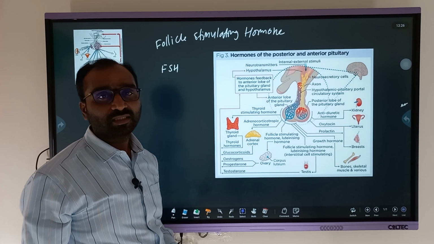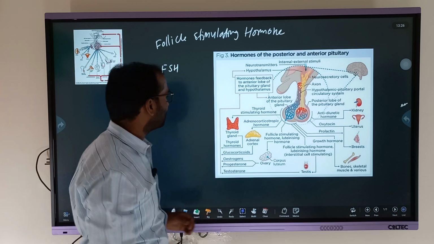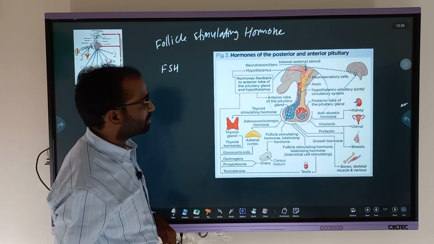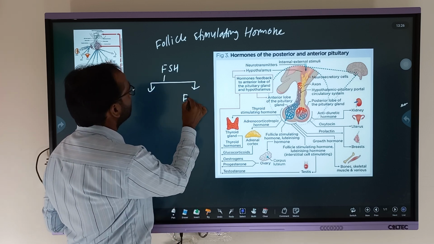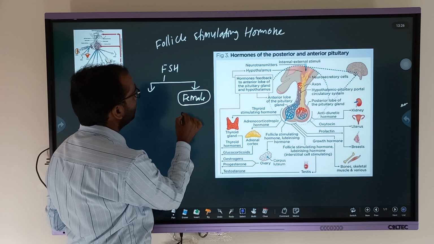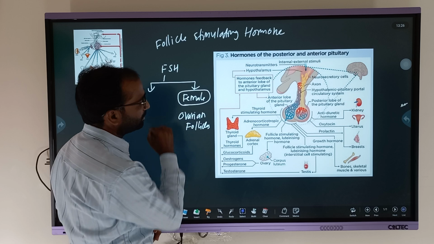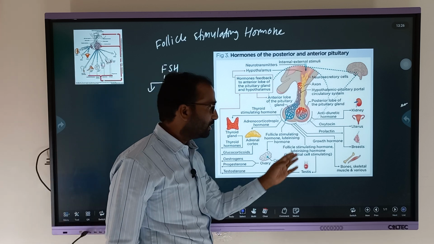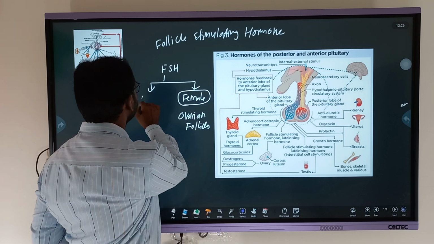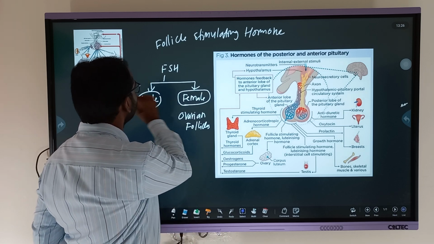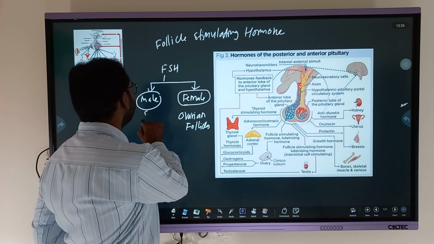Ovarian follicles or the Graafian follicles are stimulated. Am I clear? Follicle stimulating hormone helps to stimulate the ovarian follicles in females. In males, it is involved in spermatogenesis.